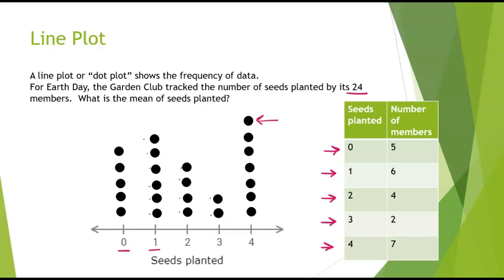But it's asking us, what is the mean of these seeds? We have to add these all up together. So we have to add 0 plus 0 plus 0 plus 0 plus 0, 1 plus 1 plus 1 plus 1 plus 1 plus 1, 2 plus 2 plus 2 plus 2, 3 plus 3, and 4 plus 4 plus 4 plus 4 plus 4 plus 4 plus 4.